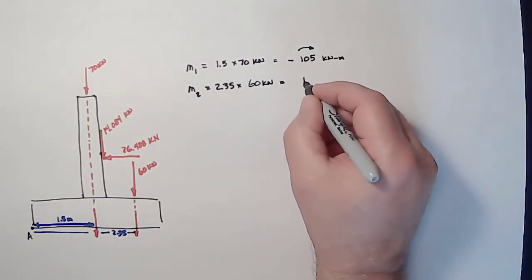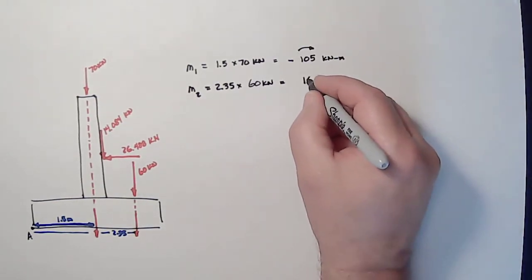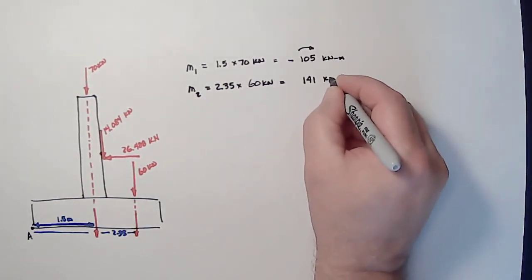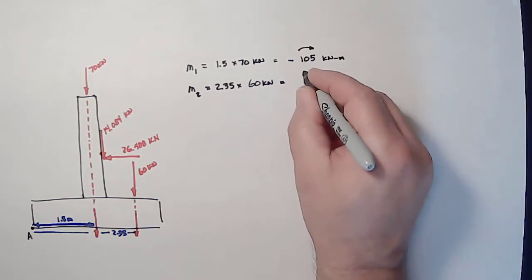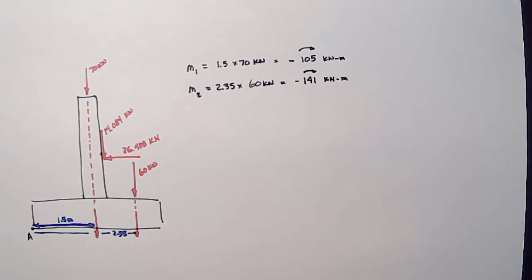Again, clockwise, so that is 141 kilonewton meters. And again, because it's clockwise, I'll make it negative.